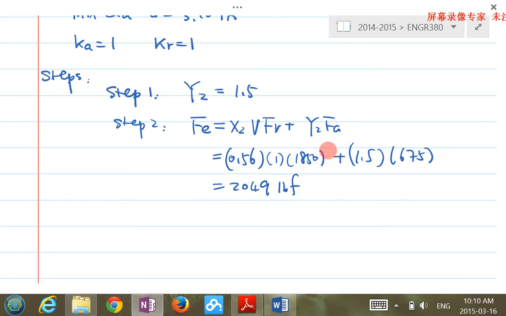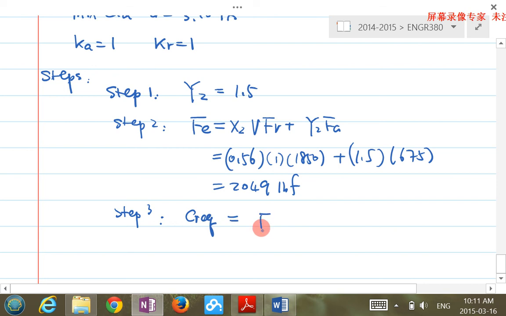Step 3. Once you get this equivalent Fe, we can calculate the C required, the value we're going to use for selecting the bearing. C required equals Fe times the desired life over L10, or 10 to the power 6.